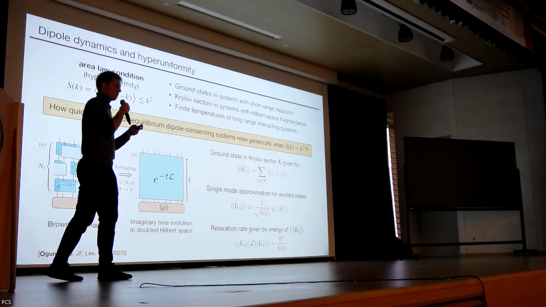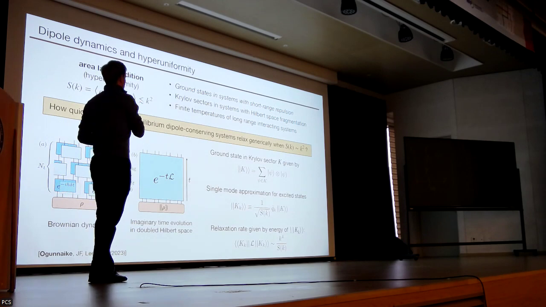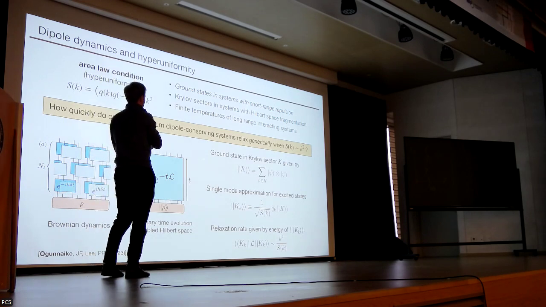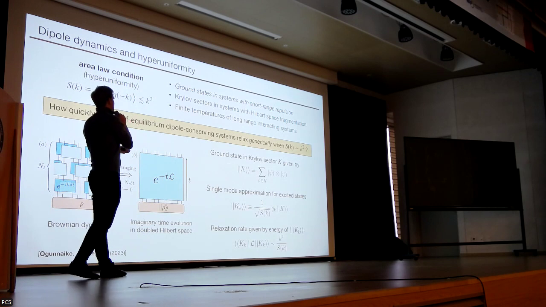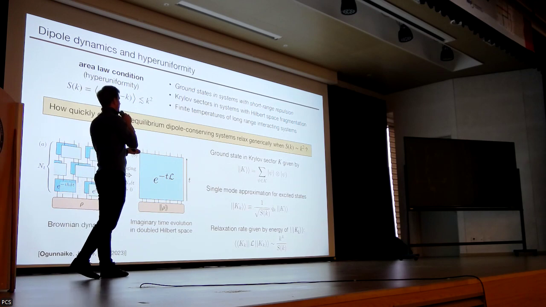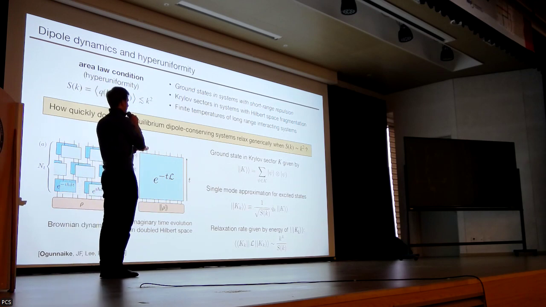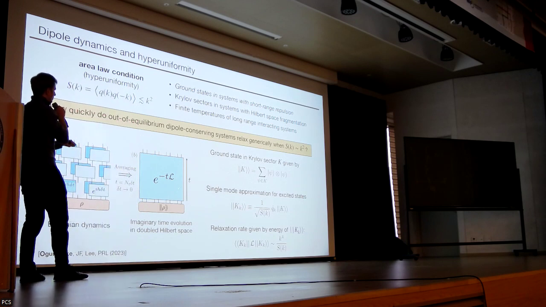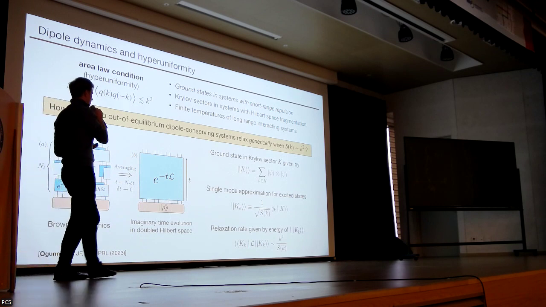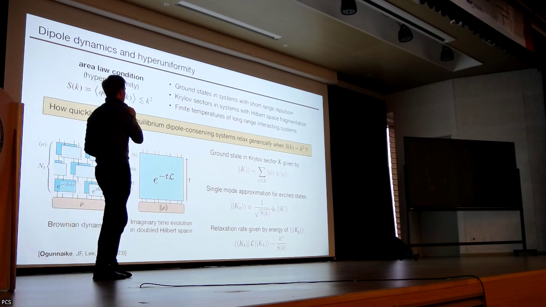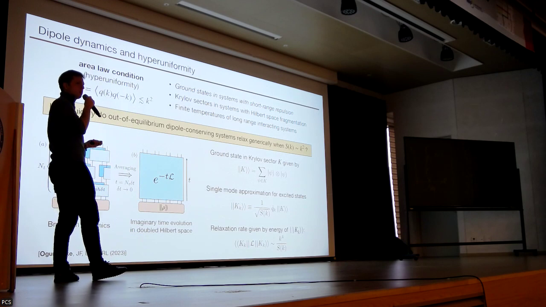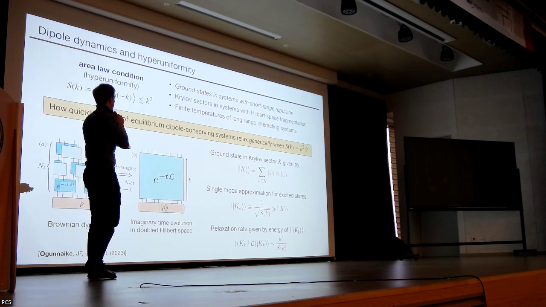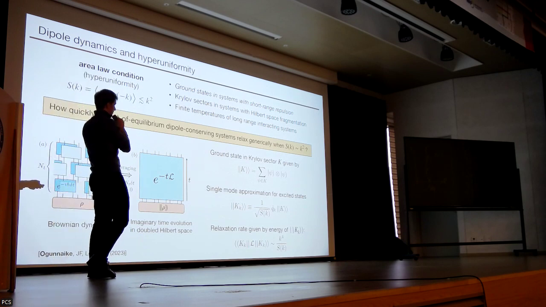Now, in a given sector, or Krylov sector, of the model that we live in, the ground state can be written down exactly, and it is essentially the sum of all states which live in this sector. And that's the ground state that this imaginary time evolution will get us to. And then if we want to determine how quickly we will reach this ground state, we have to make a statement about the excited states of this effective Hamiltonian, or the Lindbladian, that's written up here.